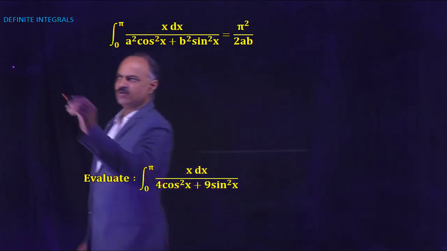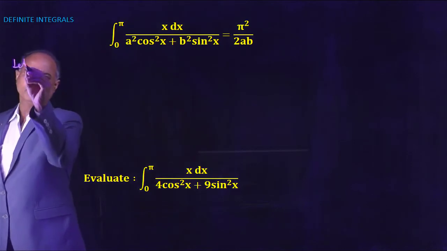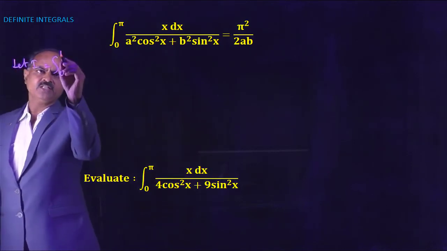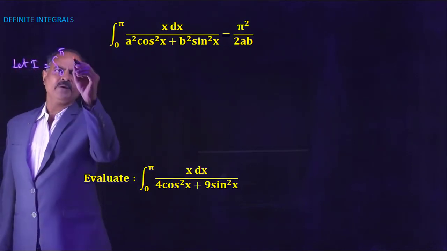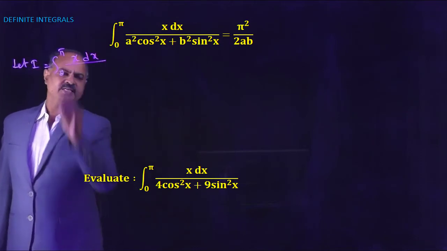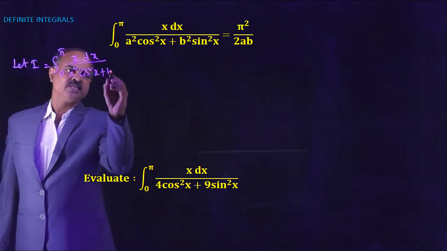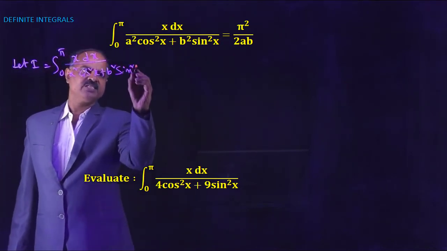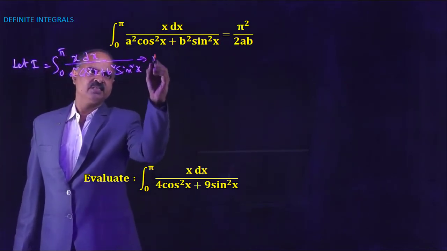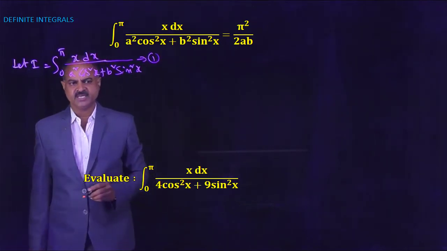Let I equal integral 0 to pi x dx by a square cos square x plus b square sine square x. This is equation number 1.